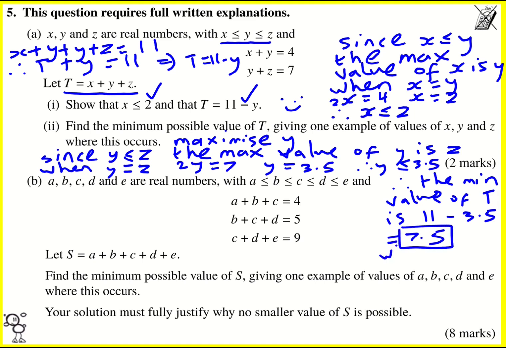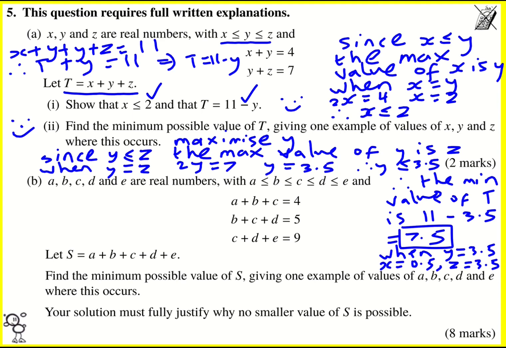And it's going to be when y equals 3.5. So that is going to mean that x is going to be 0.5 because they have to add to give 4. And z is going to equal 3.5. So we've shown that there is a solution that works. And yeah, that's it really. That is our answer for this first part.